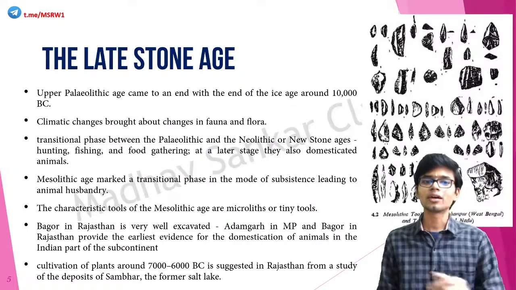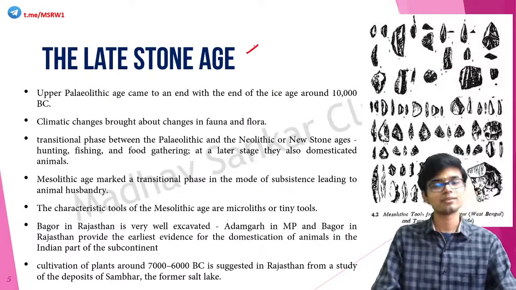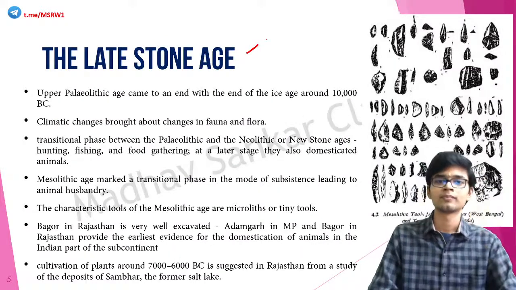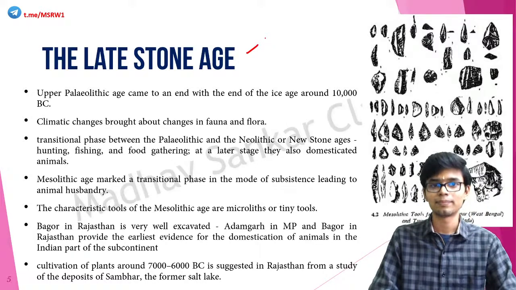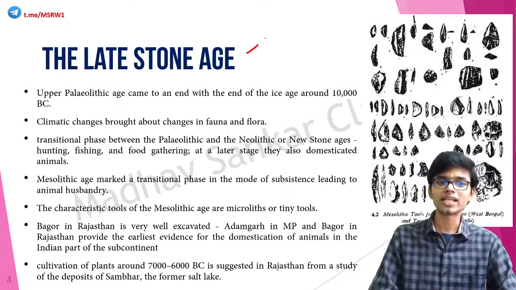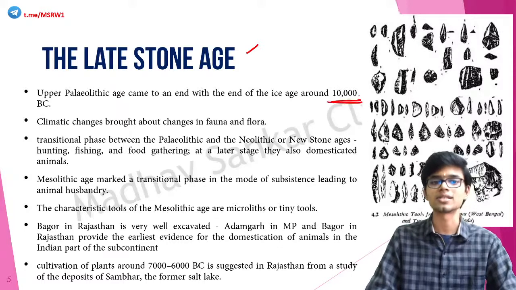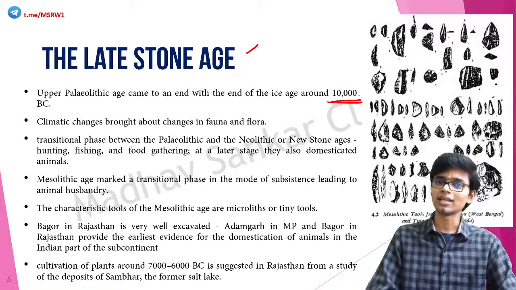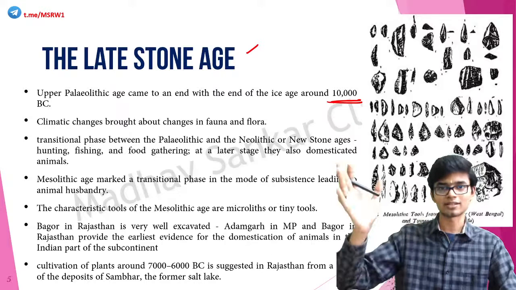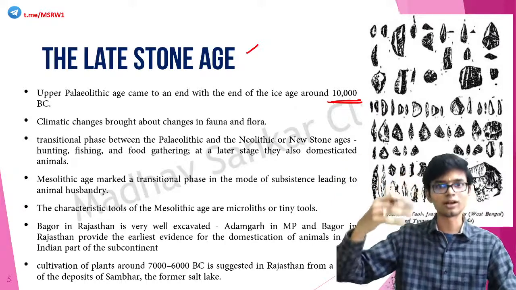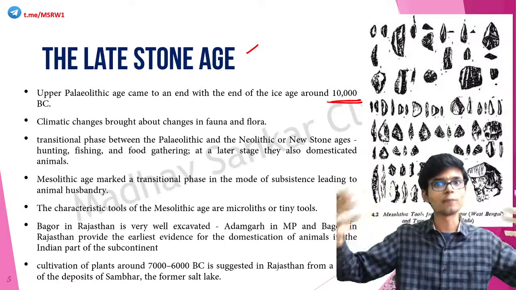Now we come to the late Stone Age, or let's say the Mesolithic period, the middle Stone Age. The Upper Paleolithic age came to an end with the end of the Ice Age around 10,000 BC. Finally the Ice Age, which was very prevalent back then, lowered and lowered, and world climate began to become warmer and warmer.